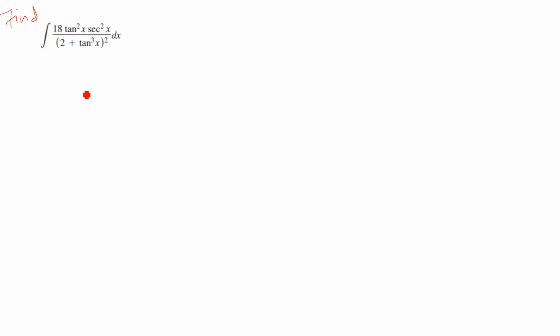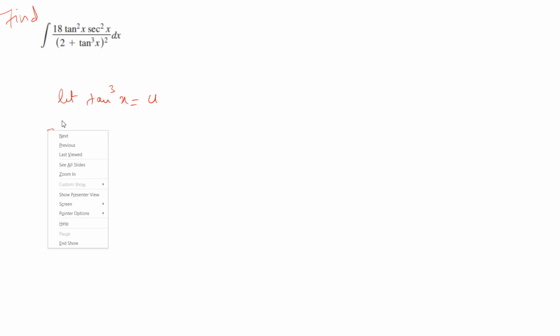As I told you earlier, if we end up with some result which is quite complicated and we cannot handle it, then we will get back to the question and try another substitution. So let's try tangent cube first. Okay, let tangent cube x be u. Then what is going to happen?